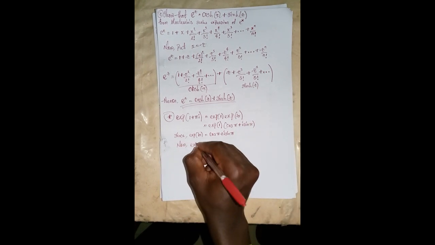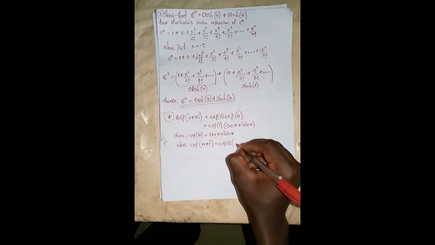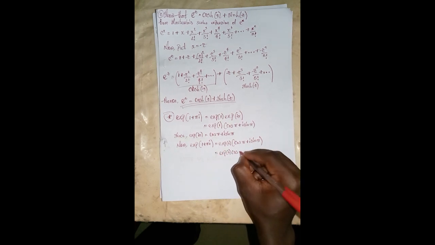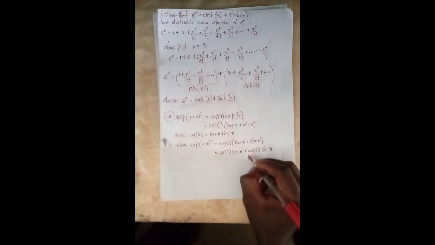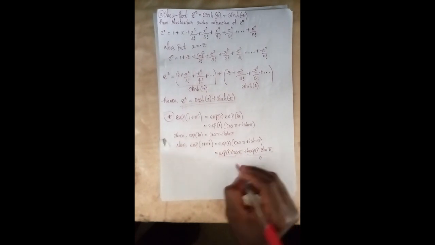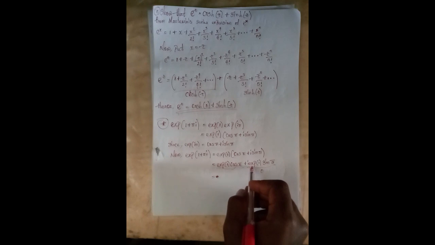Now the exponent of 1 plus pi i is equal to the exponent of 1 in brackets, cos pi plus i sine pi, which is equal to the exponent of 1 cos pi plus i times the exponent of 1 sine pi.